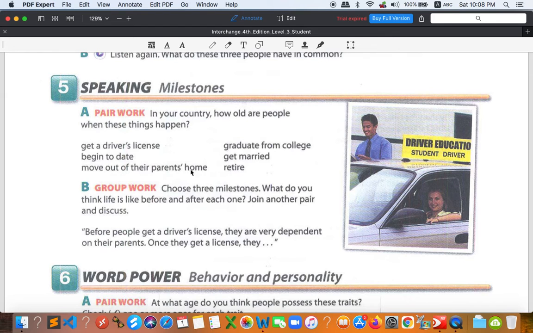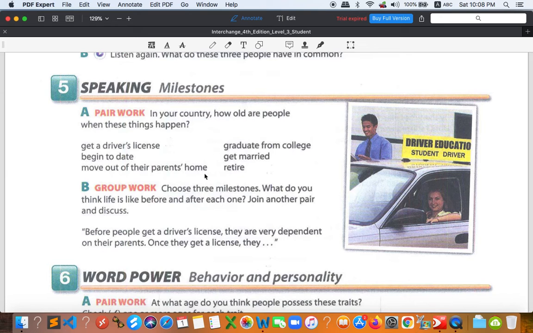Move out of their parents' home. If you talk about our country, it's when you get married, right? Sometimes you get married and you still live with your parents, but other people are different. When they get married, then they start moving out from their parents. If you talk about people in other countries, when they reach 18, sometimes 20 or 21, they will leave their parents to live alone because they are independent.